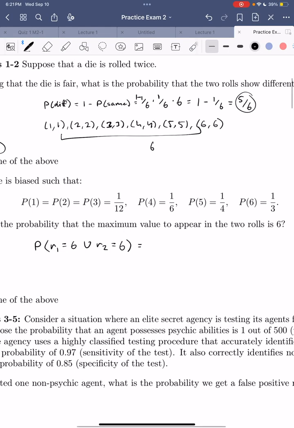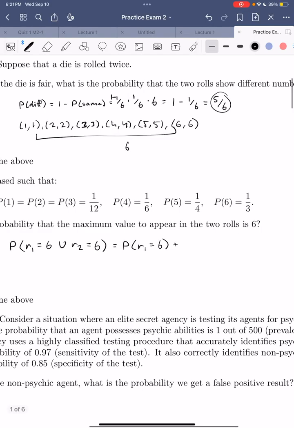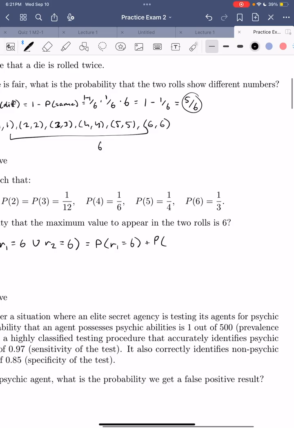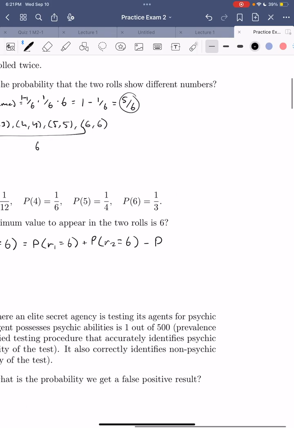So we can use the union rule, where the union of two probabilities is equal to one probability plus the other probability, minus the probability of both happening together, to subtract any double counting.